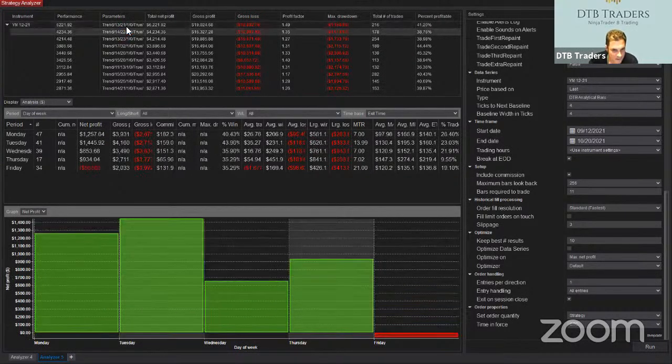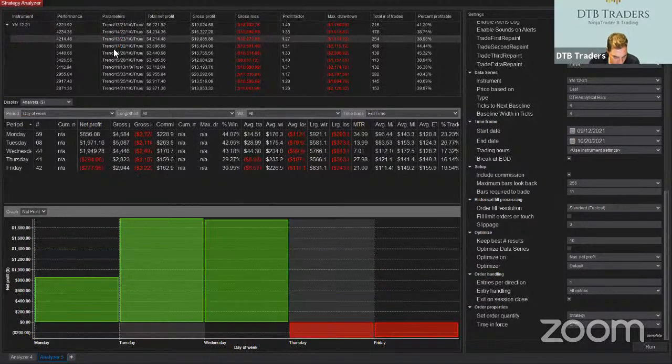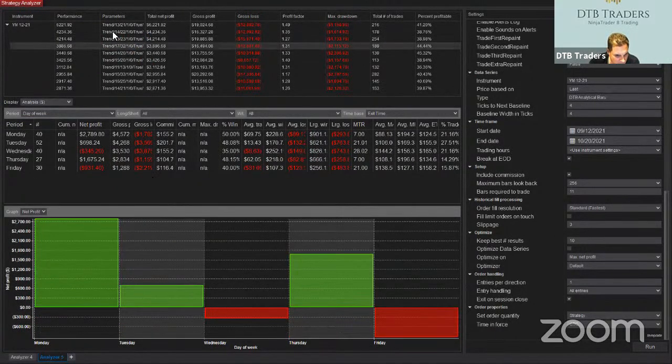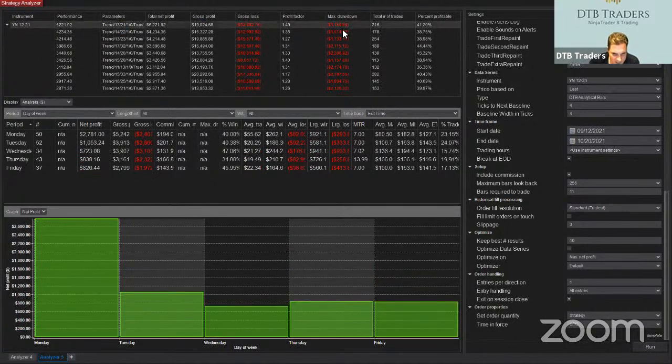Okay. And not very high results on this, you know, the drawdown and the profit. So I'm not finding very good settings for the YM. This is the only one that is remotely decent. So we got 6,000 with the 1,100 drawdown.